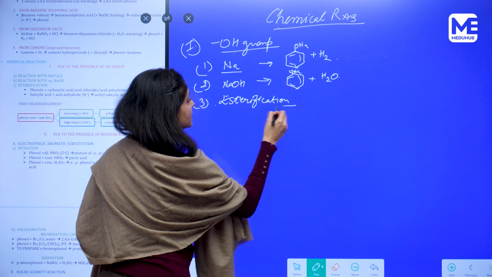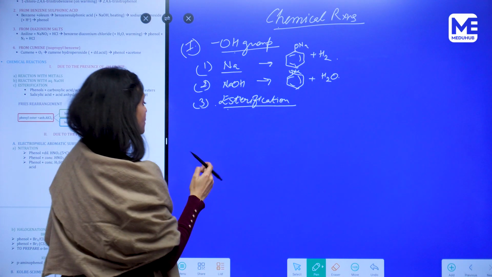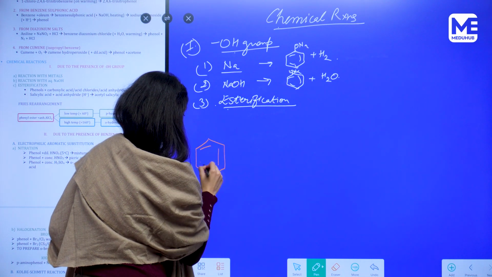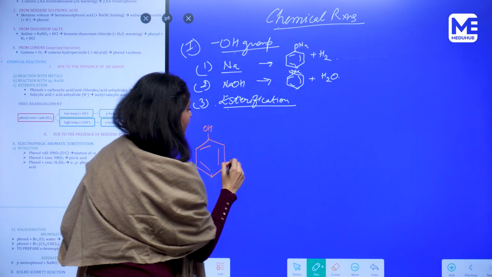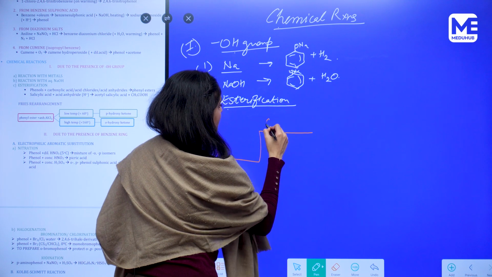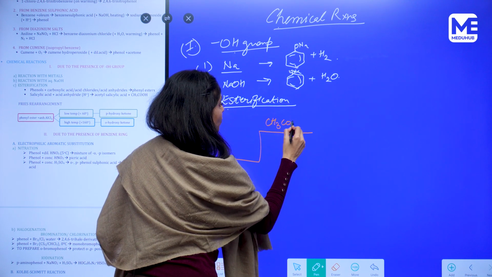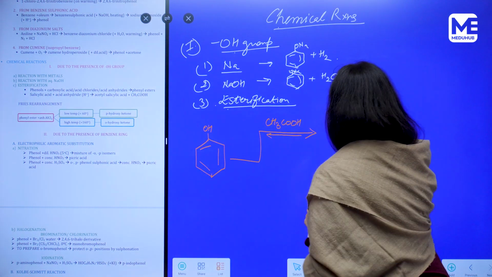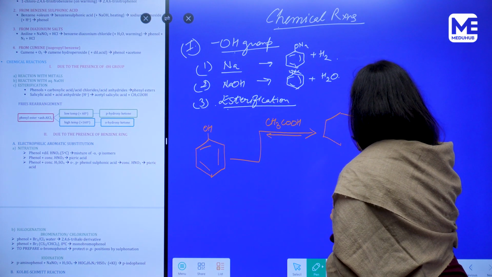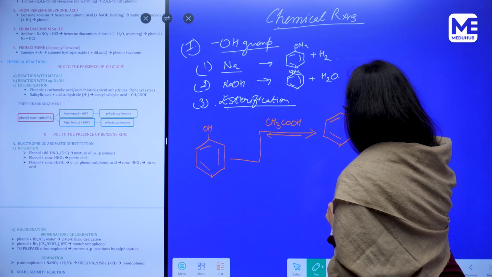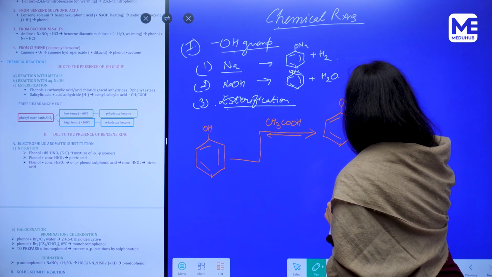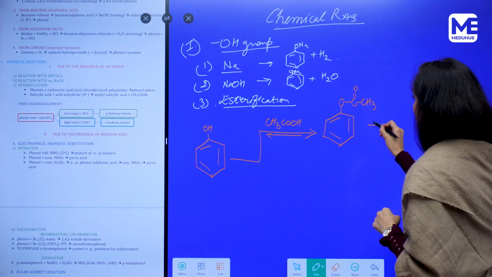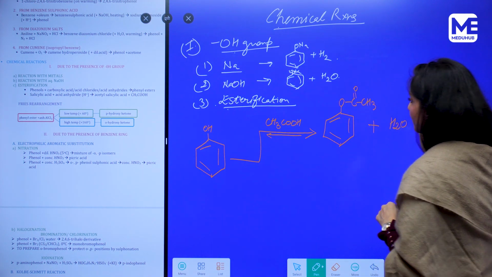Esterification, which is due to the presence of an OH group. So if we have phenol here, phenol reacts with a carboxylic acid like CH3COOH, which is a reversible reaction, to give us an ester, OCOCH3, plus H2O.